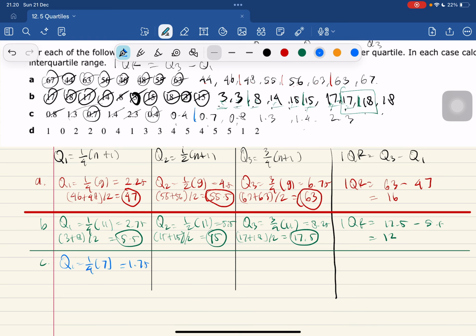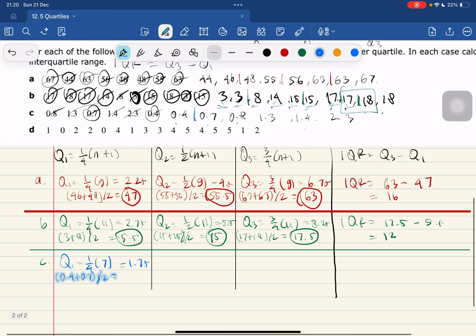So here, 0.4 plus 0.7, divided by 2. The mean of 0.4 and 0.7 is 0.55.